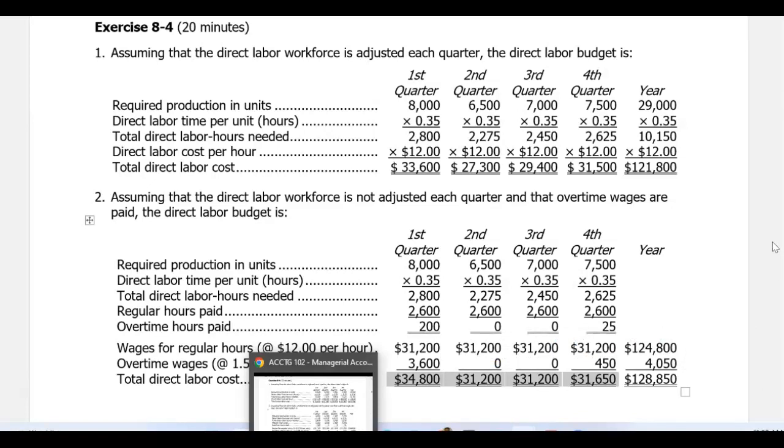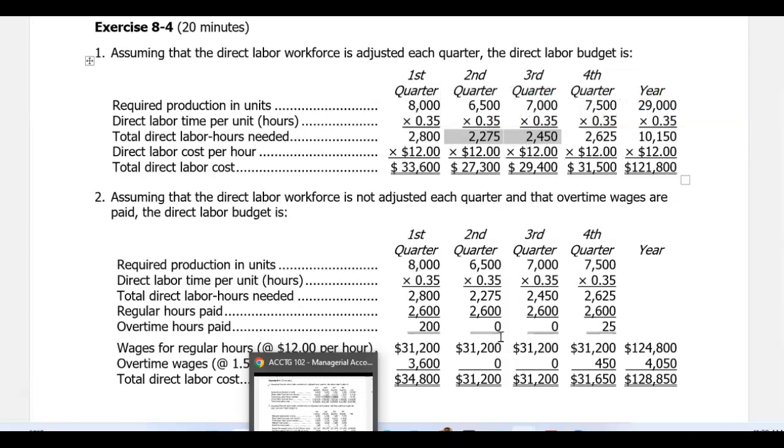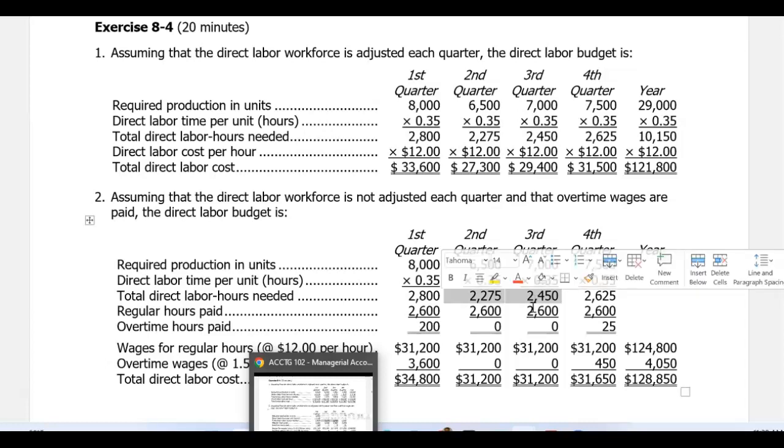So when it gets adjusted each quarter, that means this, let's say in quarter two and quarter three, because we use less direct labor hours, we ask them to go home. That's why it says adjusted. But in some scenario, in companies that they pay overtime and it's not adjusted, so these people, even though they work less, still they're gonna get the guaranteed pay of $2,600 per quarter.